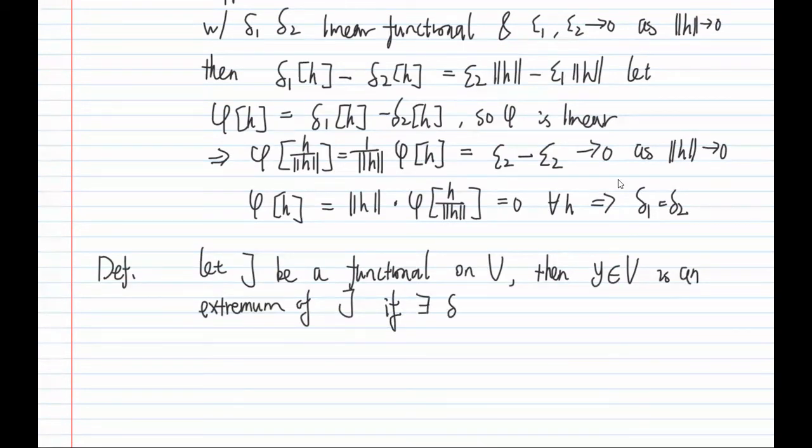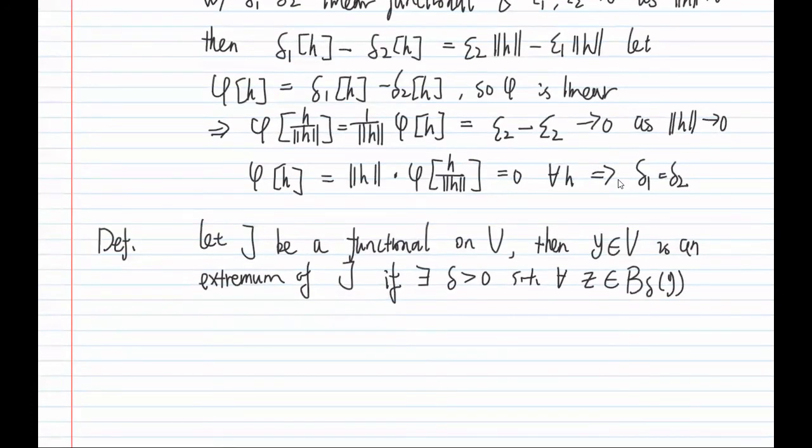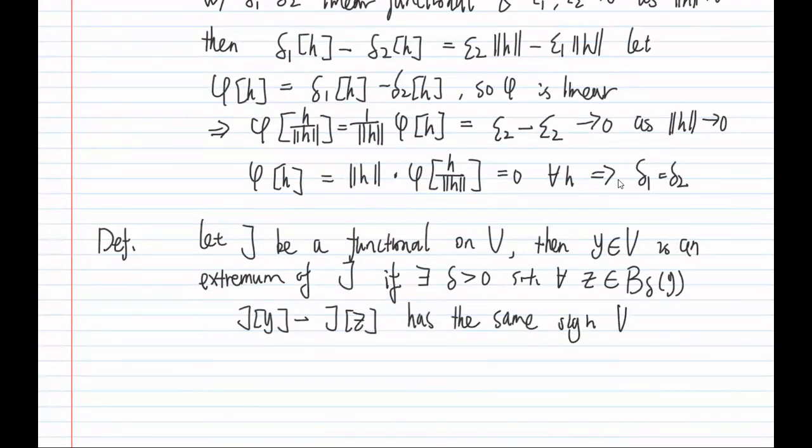There exists a delta larger than 0 such that for any z inside the ball of radius delta centered at y, we have that J(y) minus J(z) has the same sign for all such z.